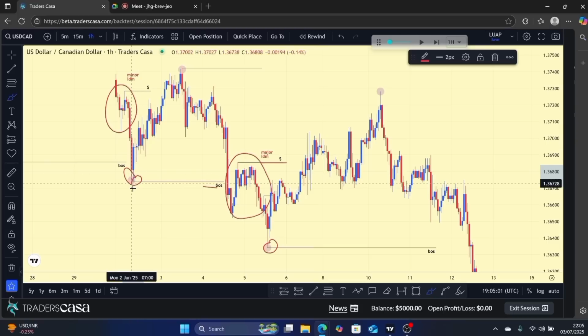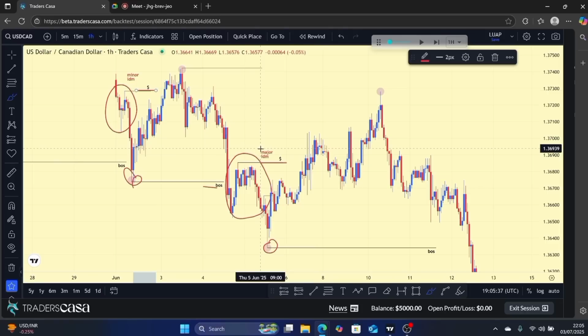So you can clearly see that the context is the same, but look at where the pullback is formed: this pullback is formed before the break of structure, but this one here is formed after the break of structure. So the buy side liquidity of the recent valid pullback high is what we call the minor inducement, and the buy side liquidity of the valid pullback that is formed after the break of structure, as long as it's the recent one, is the major inducement.